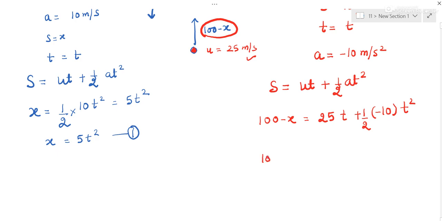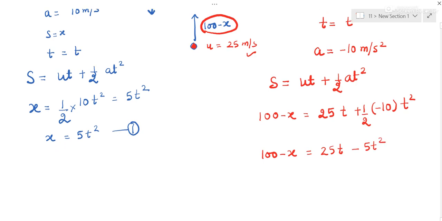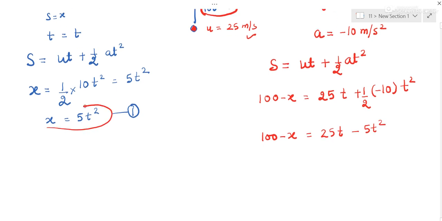So this is 100 minus x is equal to 25t minus 5t square. Now we'll substitute the value of x here. Substituting, so 100 minus 5t square, the value of x, is equal to 25t minus 5t square.